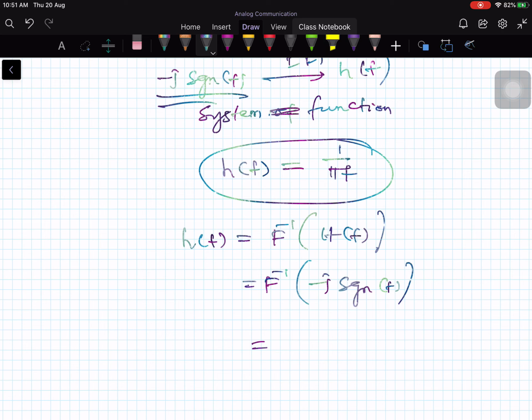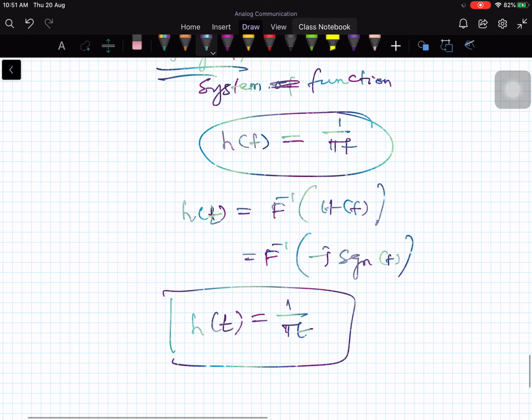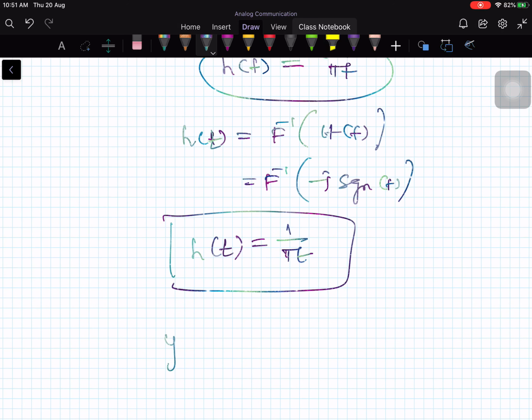It is going to be 1 by pi t. So this is my h of t. So therefore y of t is equal to x of t convolved with h of t.